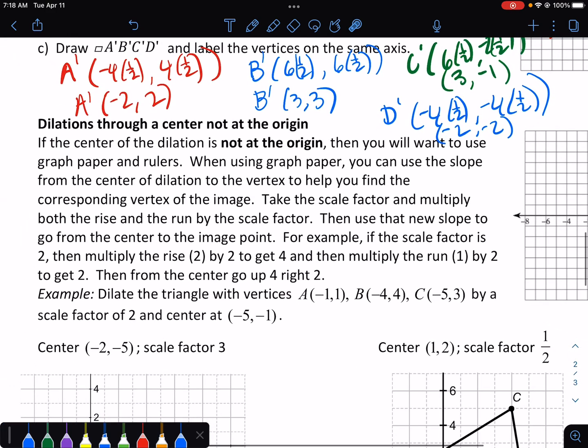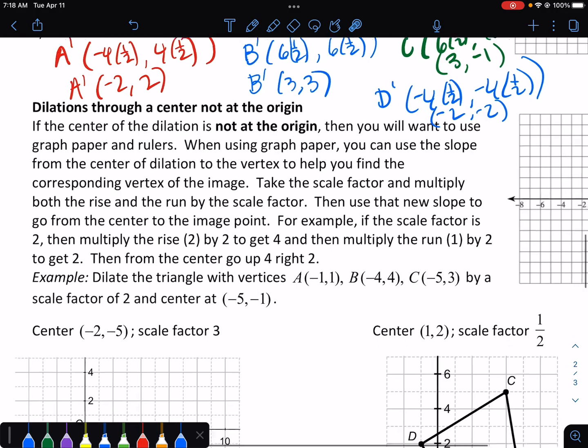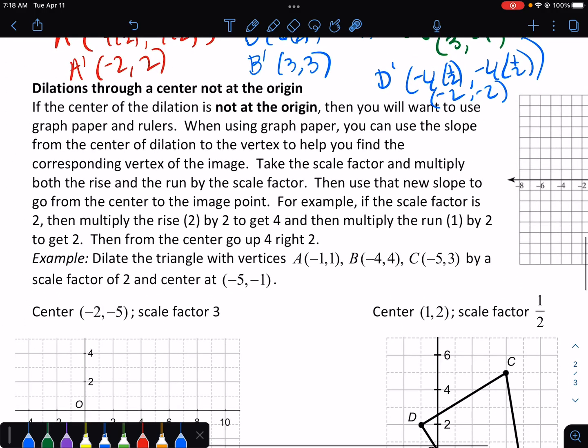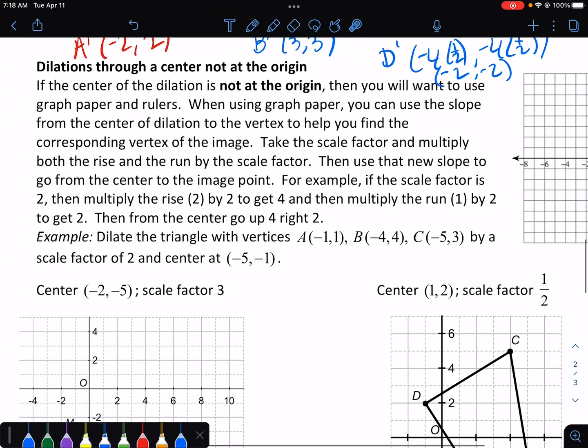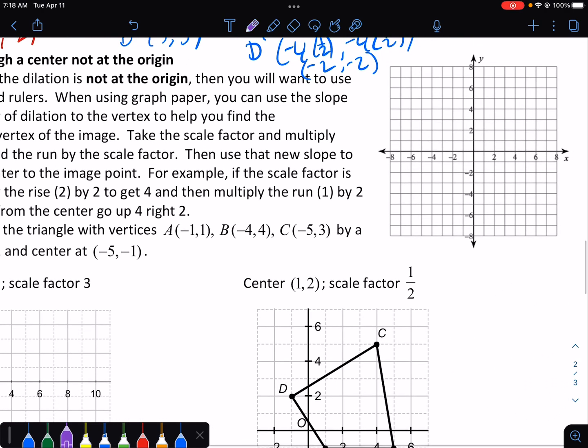Now, when we're not centered at the origin, it takes a little bit more work, but it's not more complicated. So what we're going to do, this is an explanation for what I'm going to tell you. I'm going to draw this triangle. So A is at -1, 1. B is at -4, 4. And then C is at -5, 3.